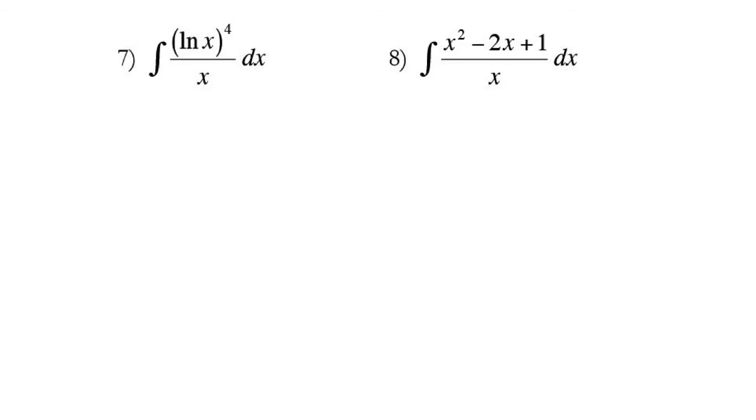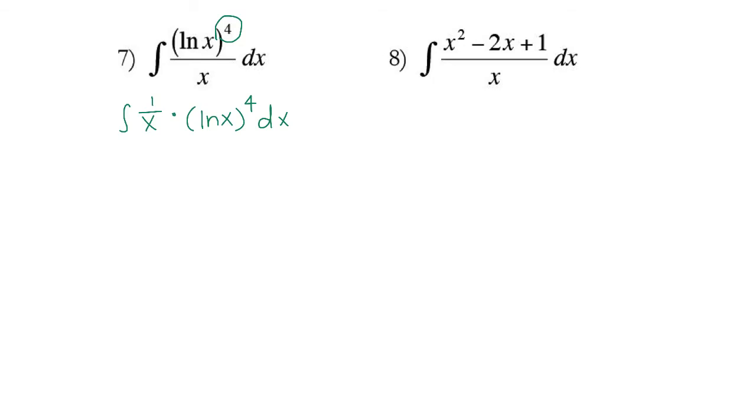Okay, now with these problems, looks strange, but again, notice earlier in the starting of our integration problems, when we were choosing u, we would usually let u be the stuff that had an exponent. So let's see what we end up with here, and it might be useful to rewrite this so that we see that this really is 1 over x times the natural log of x raised to the 4th power dx.